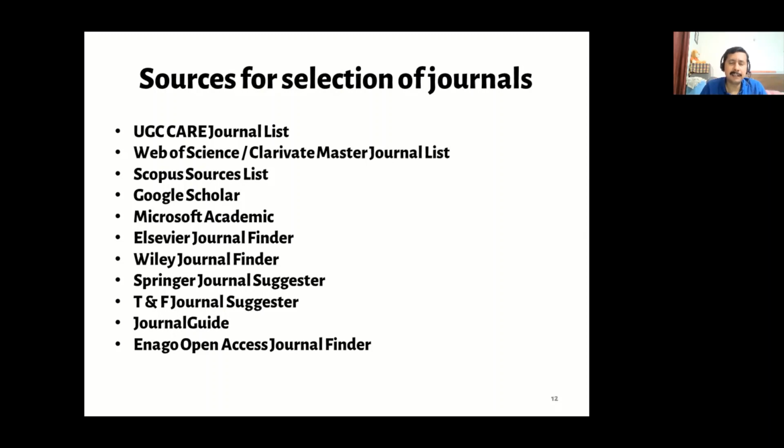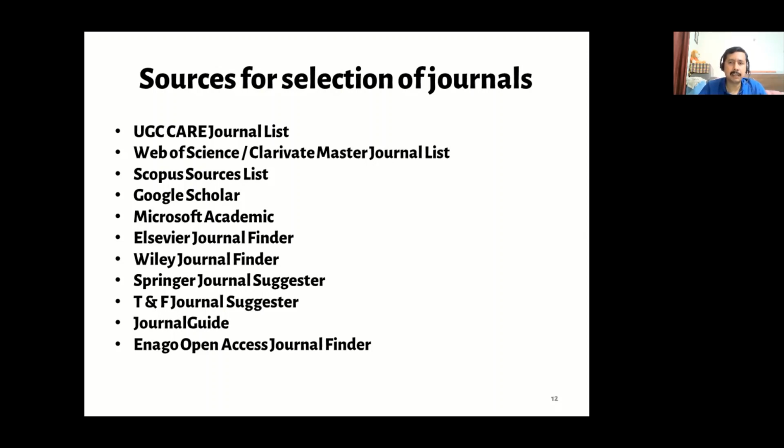There are various sources which help authors, researchers in the selection of journals. I have listed a few. UGC Care Journal List, Web of Science or Clarivate Master Journal List, Scopus Sources List, Google Scholar, Microsoft Academic.